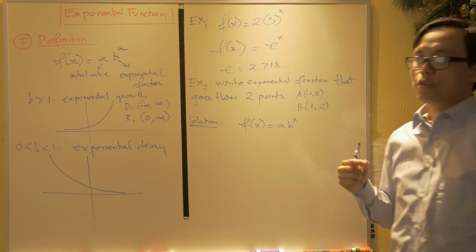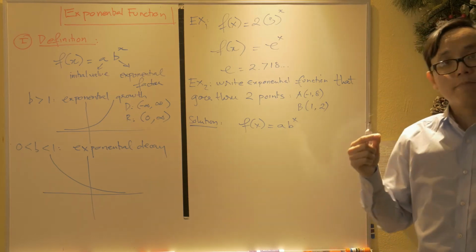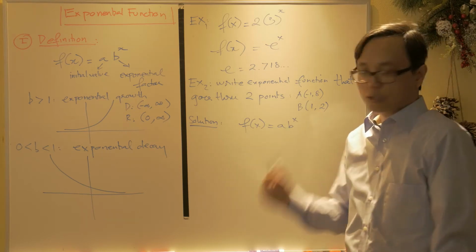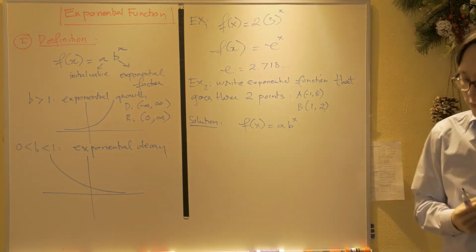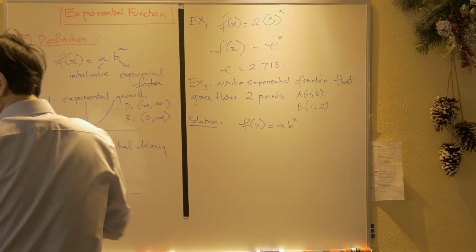The same thing as when you write a linear equation, you need to get the slope and the b value. As long as you get those two, you plug them back in and you get the function. So we're going to use the information they give us to get a and b.